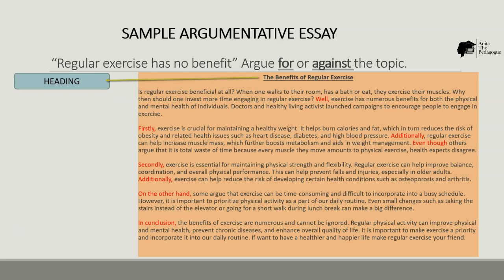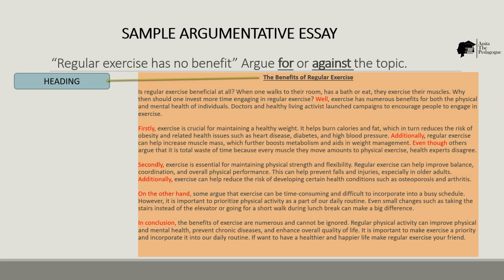Now the question says regular exercise has no benefits, and you are either supposed to argue for or against this topic. If you are for this topic, then it means that you believe or agree that regular exercise has no benefit at all. But if you disagree, then it means you believe that regular exercise has a benefit. So our heading is very precise.